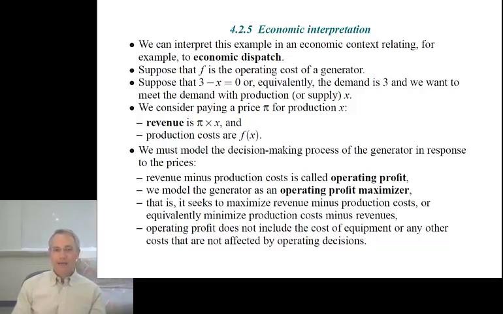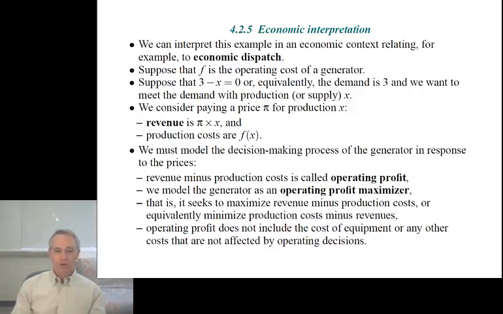Let's look at the decision-making process of the generator that is told that there is a price pi for its product. First of all, let me observe that the revenue minus the production costs is called the operating profit. Whatever's left over from the revenue after it pays for what it costs to make the energy, or in general its product, is called the operating profit.